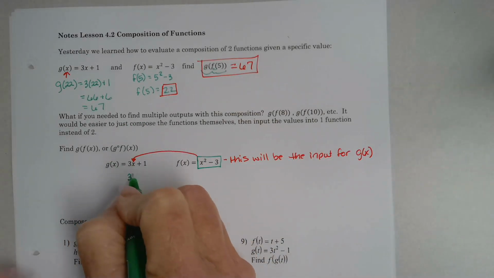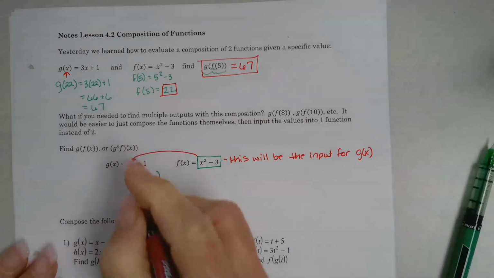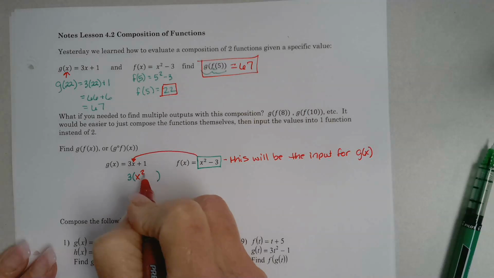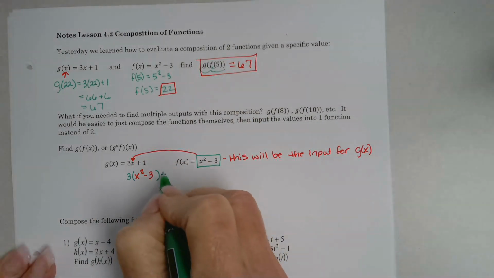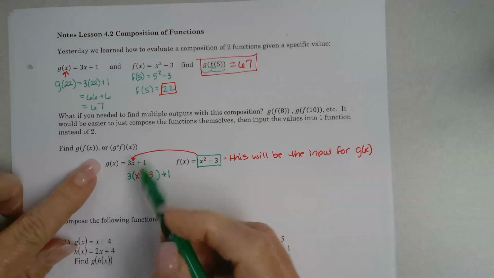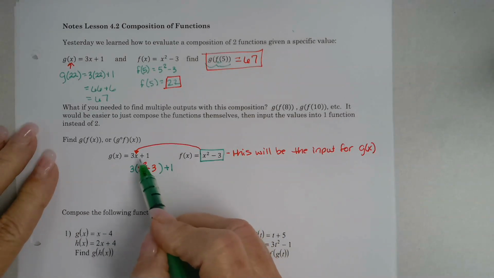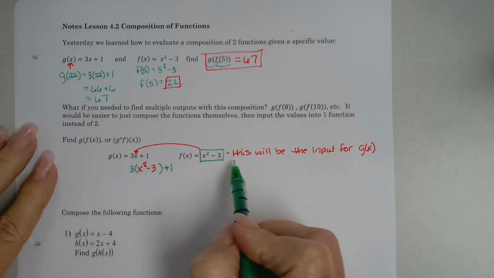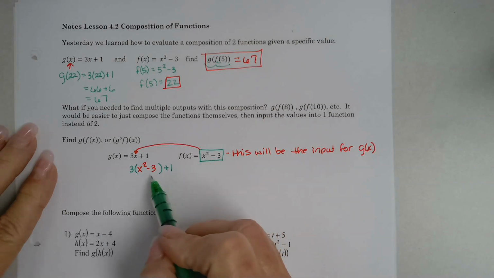3 times, instead of x, it would be x squared minus 3 plus 1. So we have the original expression, but instead of x, we input the expression from our other function in here.